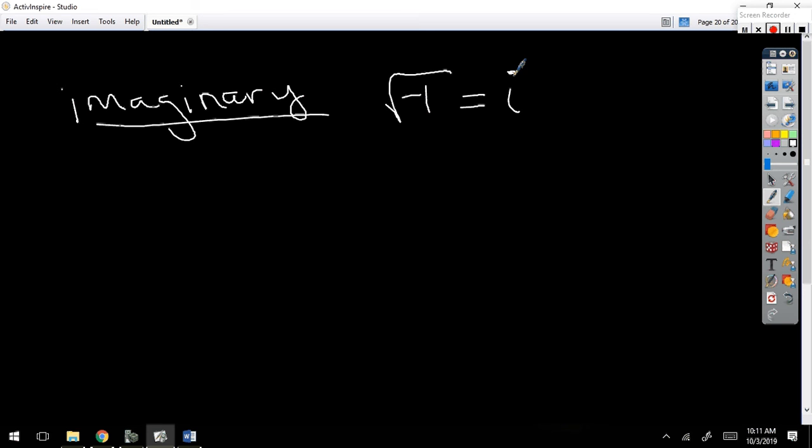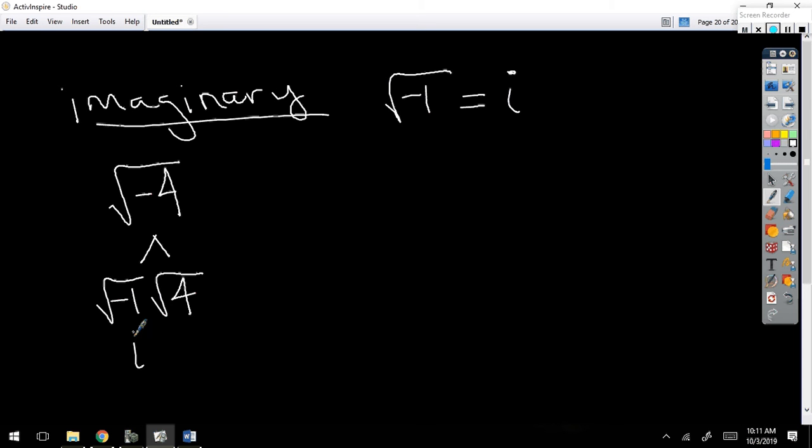So if I had the square root of -4, which is what we were looking at a minute ago, think of this as really the square root of -1 times the square root of 4. Well, what is the square root of -1? i. What's the square root of 4? 2.